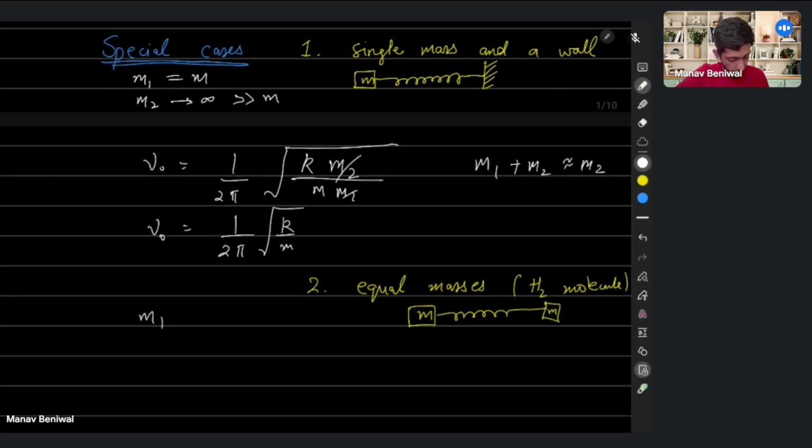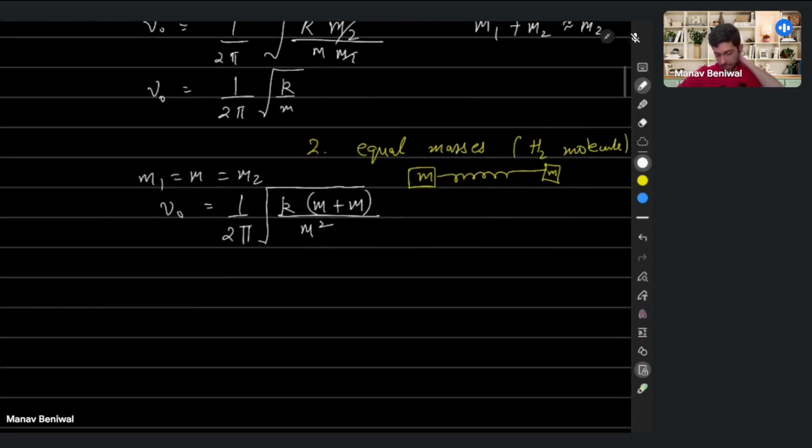Here m1 will be m and m2 will also be m. So our mu naught will become 1 over 2 pi under root k times m plus m divided by m squared. Okay, so this becomes 2m and m, and this will cancel out.